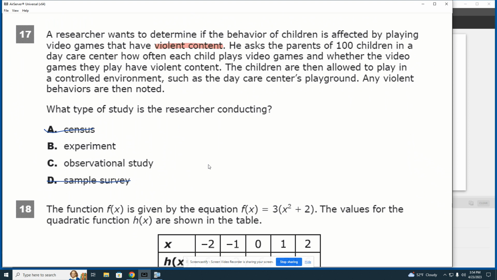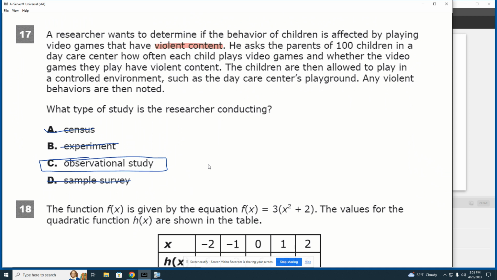You're not going to ask a kid to sit down and then basically force them, if you will, to play that violent video game. No one could do that. And that is why, because you can't control that, you're not going to conduct an experiment in this situation because it would be unethical. This has to be an observational study.